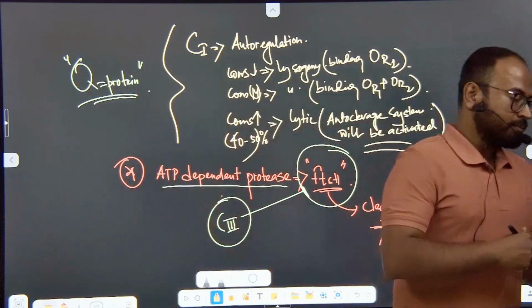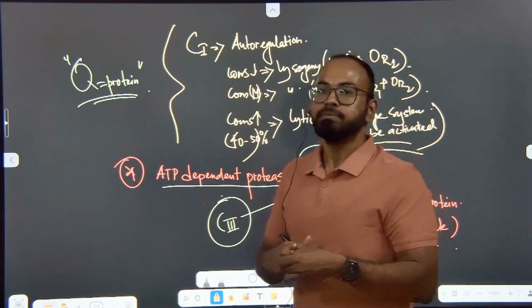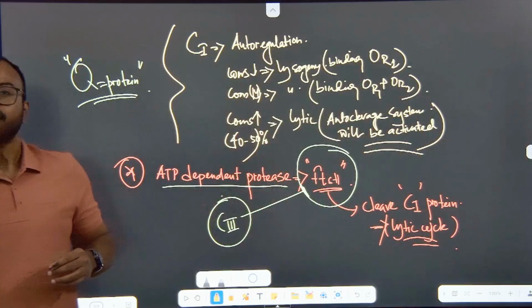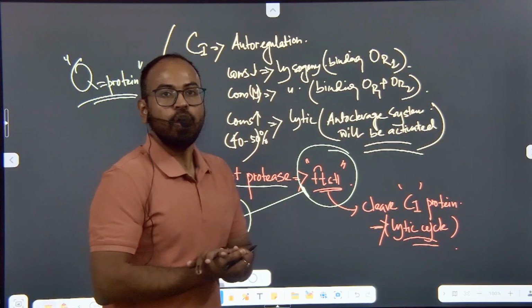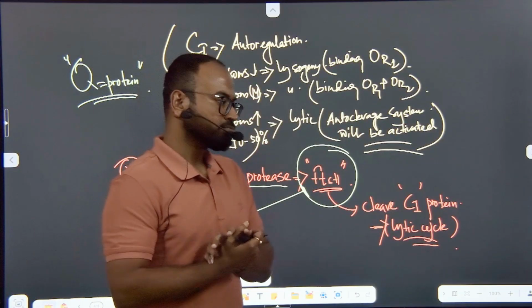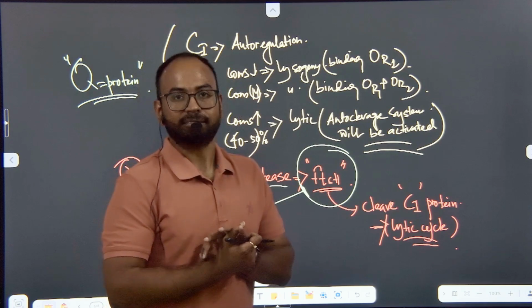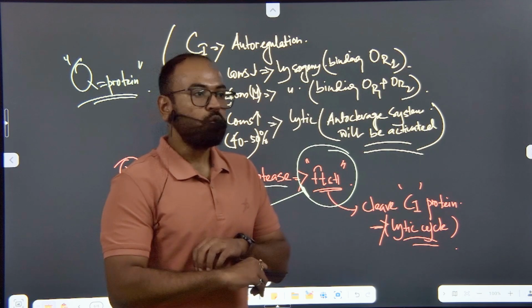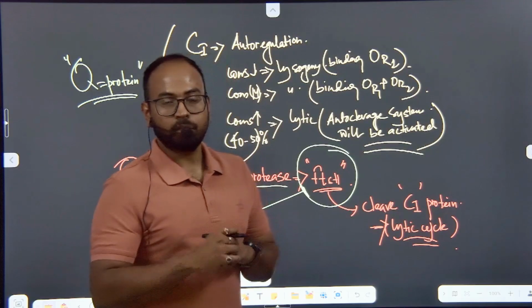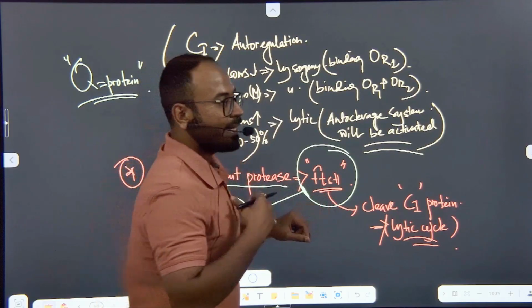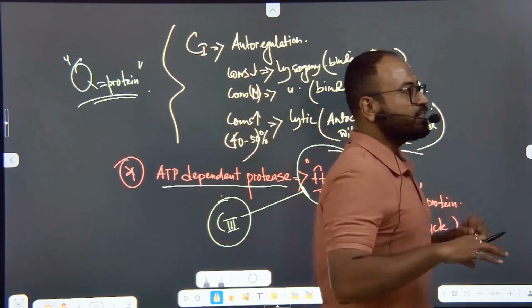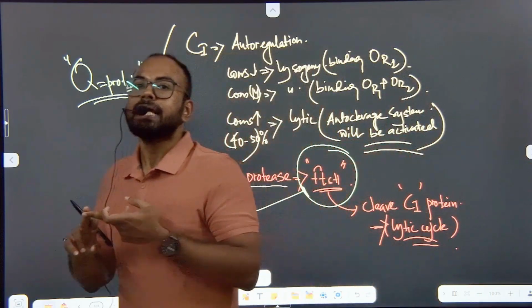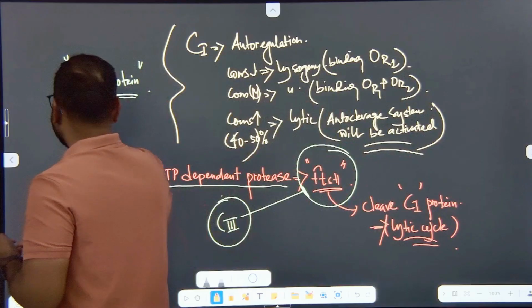Apart from this, there is also a phenomenon which is UV driven. We all know that ultraviolet rays have an ability to cause damage within the DNA. And if this kind of damage occurs, then the first protein that is synthesized is RecA.